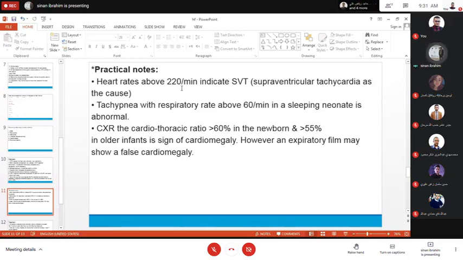If of no benefit, we give a drug like adenosine or Cordarone or the drug available in your hospital. And if all of these don't succeed to stop the arrhythmia, you can give the synchronized DC shock for correction of the arrhythmia.